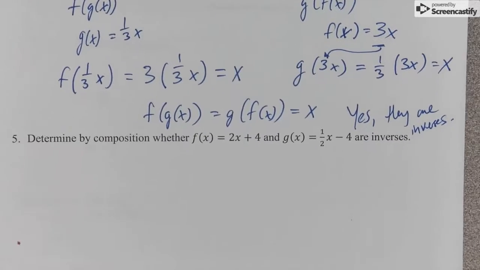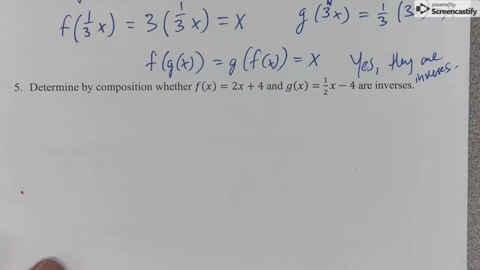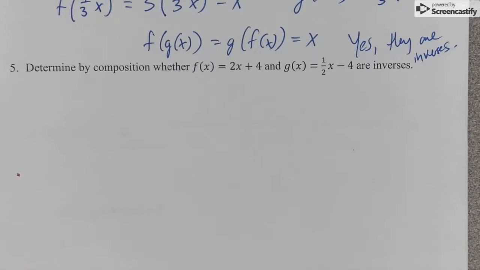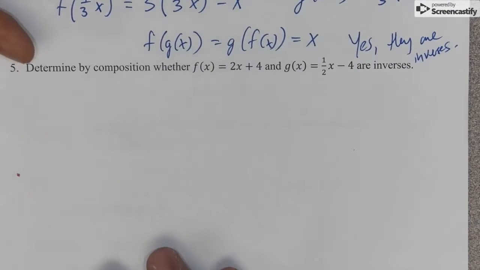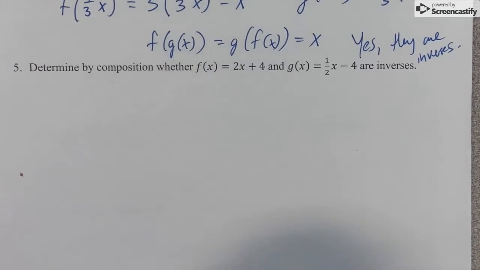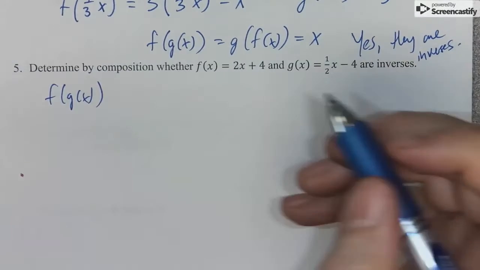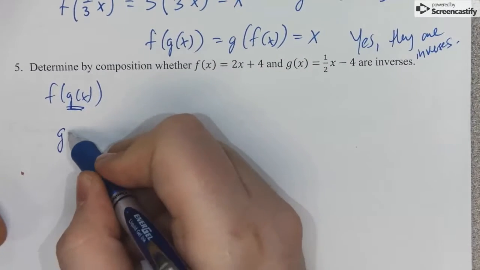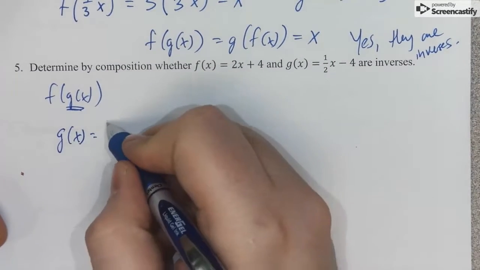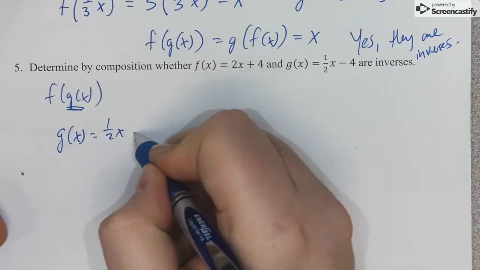So let's look at example 5. Determine by composition whether f of x equals 2x plus 4 and g of x equals 1/2 x minus 4 are inverses. I'm going to do the same thing. First, I'm going to do f of g of x and figure out what that value is. Taking the inside first, g of x equals 1/2 x minus 4.